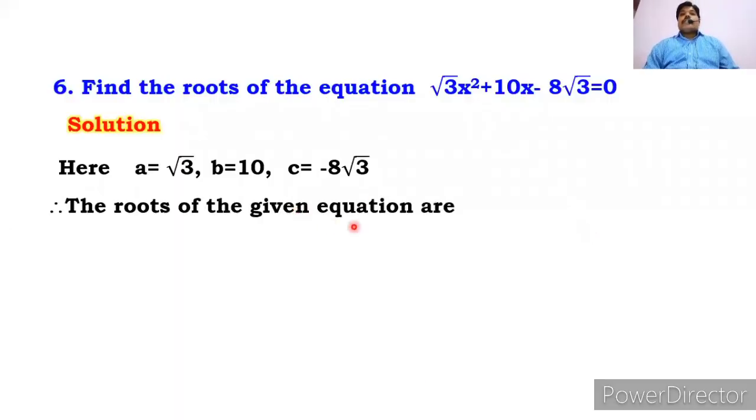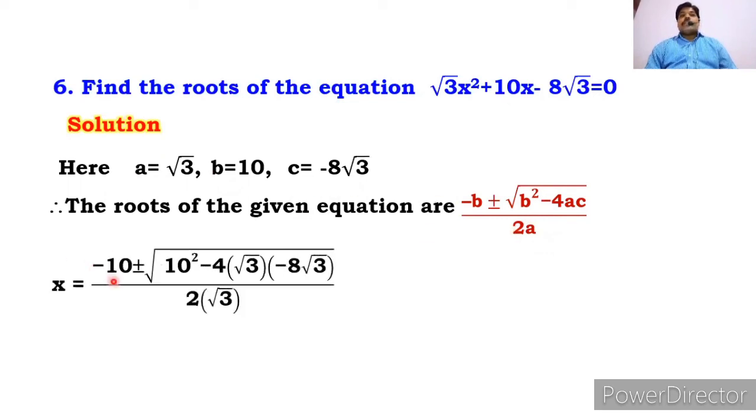The roots of the given equation are (−b ± √(b² − 4ac)) / 2a. Replace the values here: a is √3 and c is −8√3, divided by 2a.